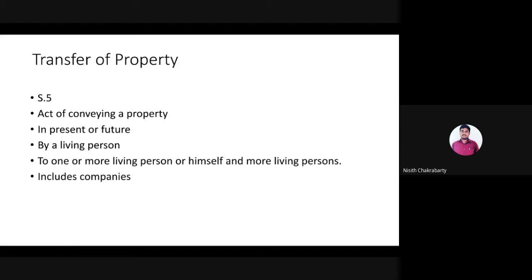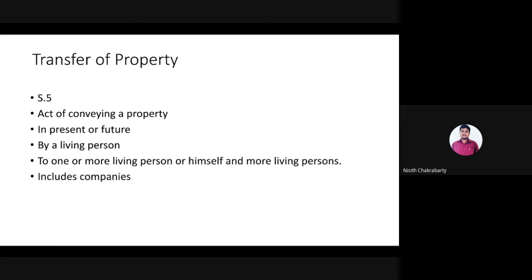That is also allowed, but it must be done by a living person, and it must be transferred to one or more living persons. It can't be transferred to a dead person. It can't be transferred by a dead person. It must be transferred by a living person. It must be transferred to one or more living persons, or himself and one or more other living persons. You must be asking, can it be transferred to himself? Can I, Rajat, transfer the property that I have to Rajat himself?